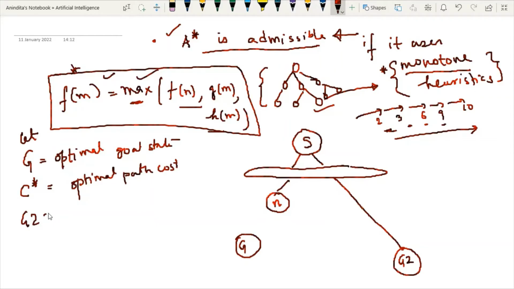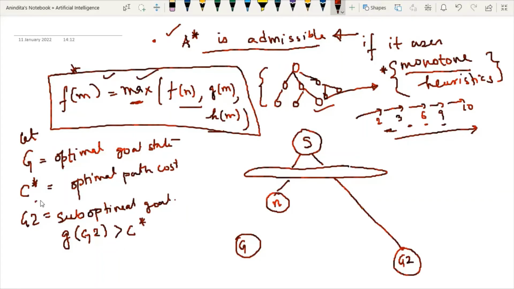Now, what is this G2? G2 is known as a suboptimal goal state. Now, what is the meaning of a suboptimal goal state? If you ask me this question, I will give you the answer like this: g(G2) is greater than C star.